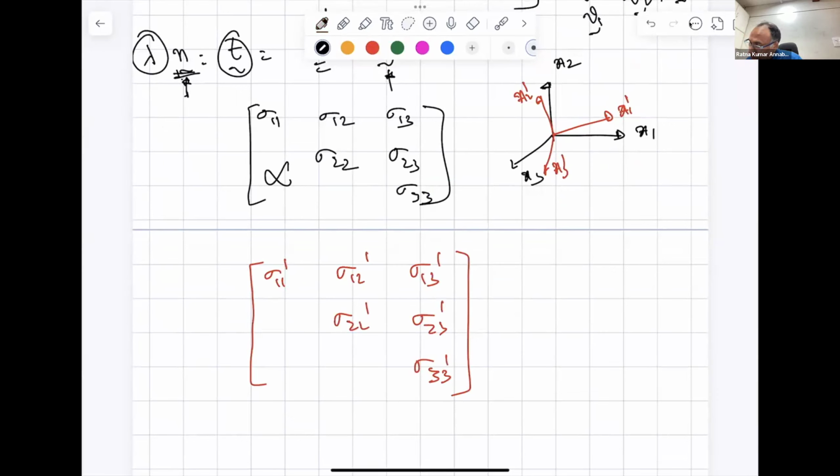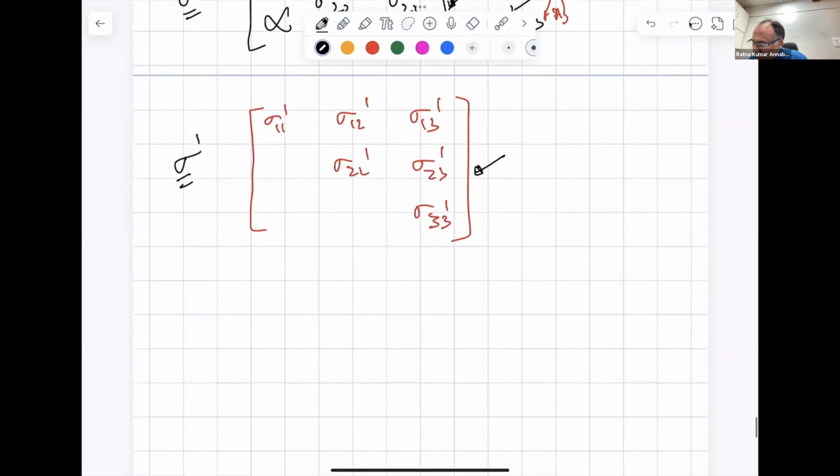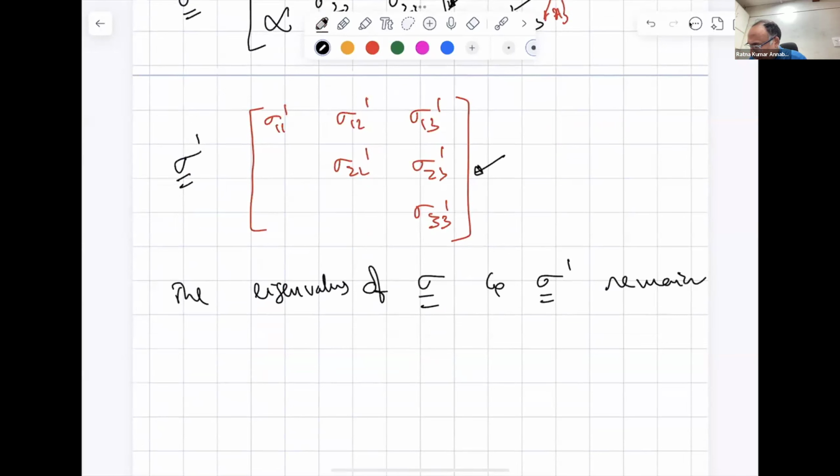Then, if you find the eigenvalues of sigma and sigma dash, they remain the same. That is why they are invariants.